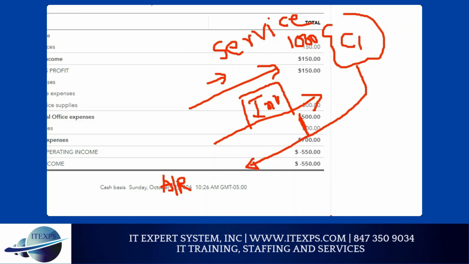If you don't track that, you will not know when money will come. Just like you enter a bill so you know you need to pay the bill, same thing, you are generating an invoice, so you know the money will come. Yes or no? If you don't do that, there is no need to do accounting.